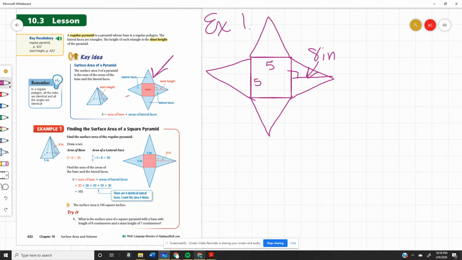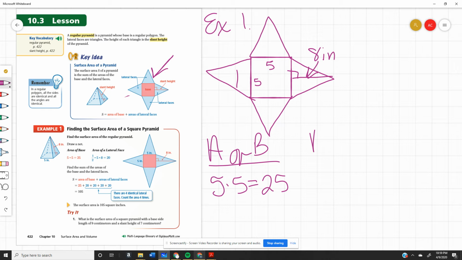Now that's important because what we're going to do first is find the area of the base, which is going to be 5 times 5 because we're just finding the area of this square right here. So the area of our base is 25. And then we're going to find the area of one lateral face, okay? Remember, we're working with a triangle, so the area of a triangle is equal to 1/2 base times height.